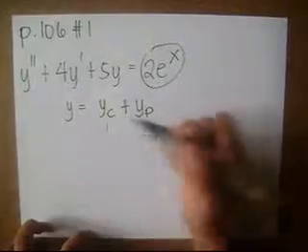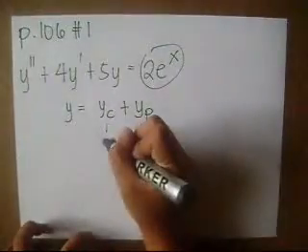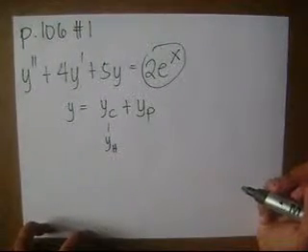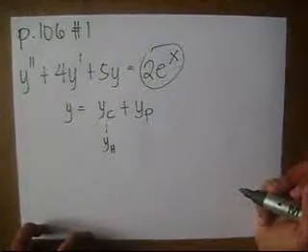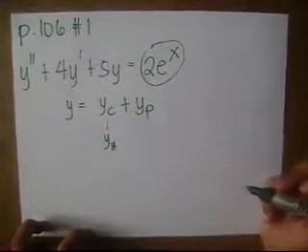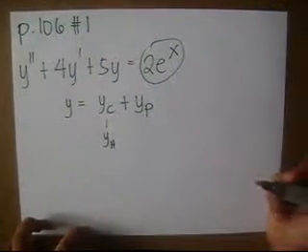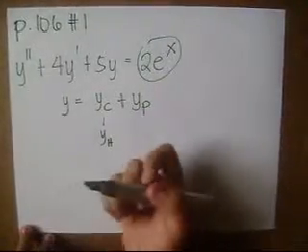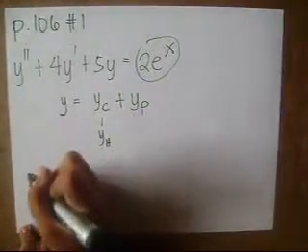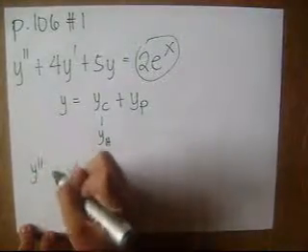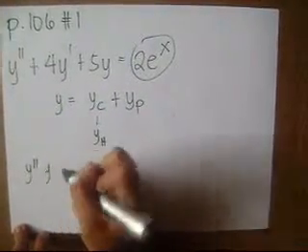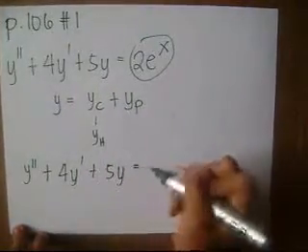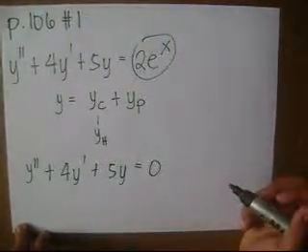This yc is also known as yh, or y homogeneous, which stands for the solution of the homogeneous linear differential equation, thus equating the equation to 0. To get the yc, first we equate this to 0: y'' + 4y' + 5y = 0.